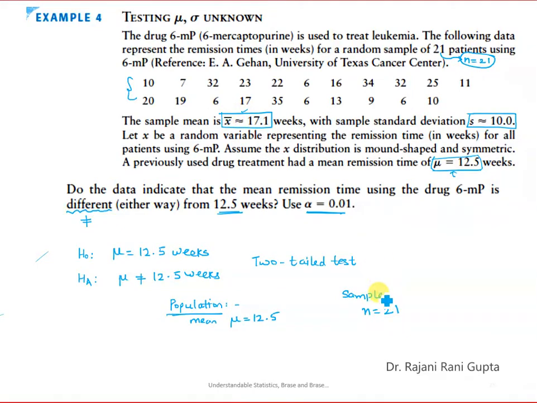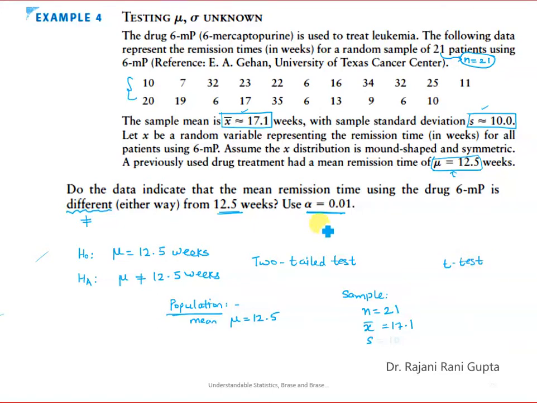We have the sample mean x bar, which is 17.1. And we have the sample standard deviation s as 10. So we don't have the population standard deviation, but we do have the sample standard deviation. So we will go for a t-test in this case.